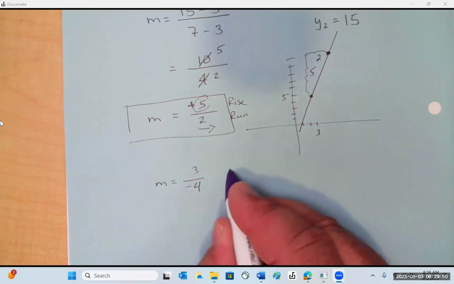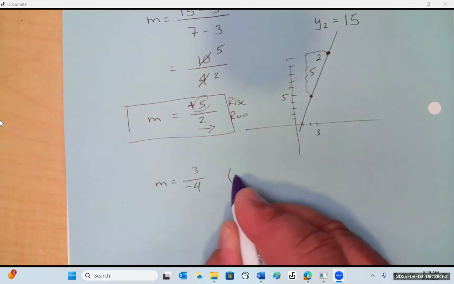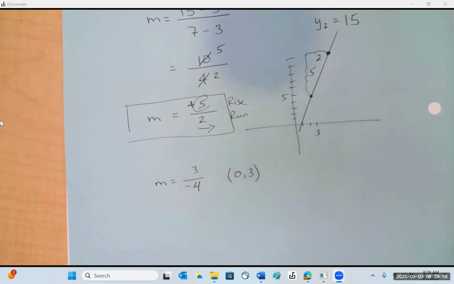So let's say that my first point is at 0, 3. Find me another point on that graph. So what's the first thing you got to do?